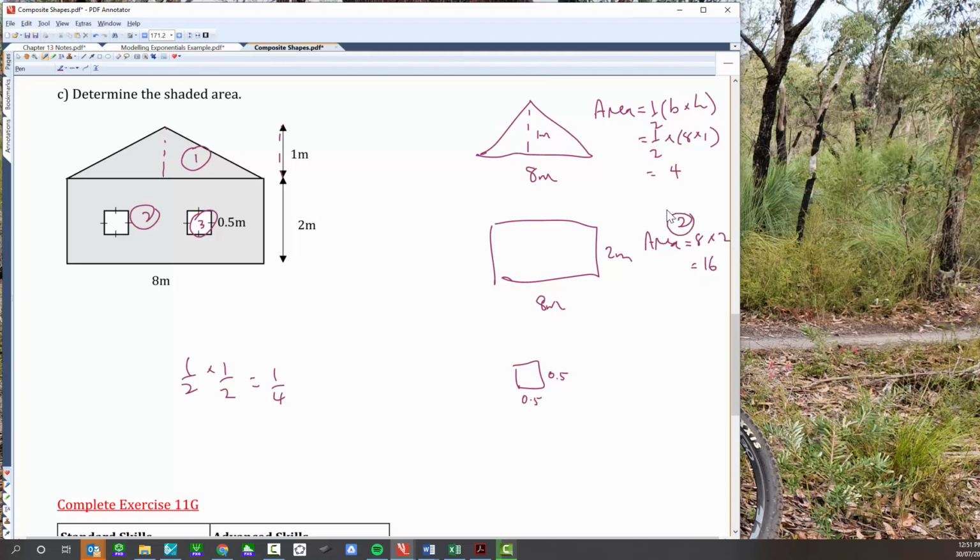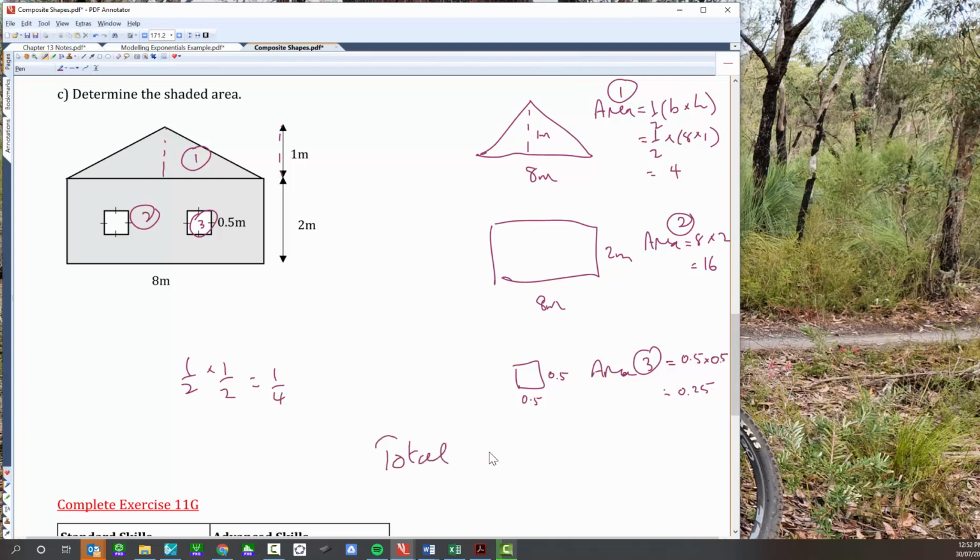Okay, note that this is area of shape 2, this is area of shape 1. Right, area of shape 3, 0.5 times 0.5. 5 fives are 25, 2 decimal places on that, 0.25, or a half of a half is a quarter.